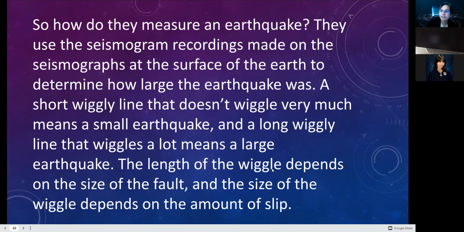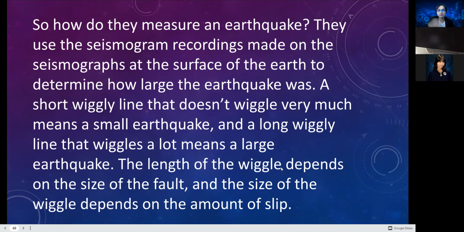So, it depends upon the seismogram recording. Again, in the recording, it has short and long wiggly lines created by the seismogram. A short wiggly line that doesn't wiggle very much means a small earthquake.